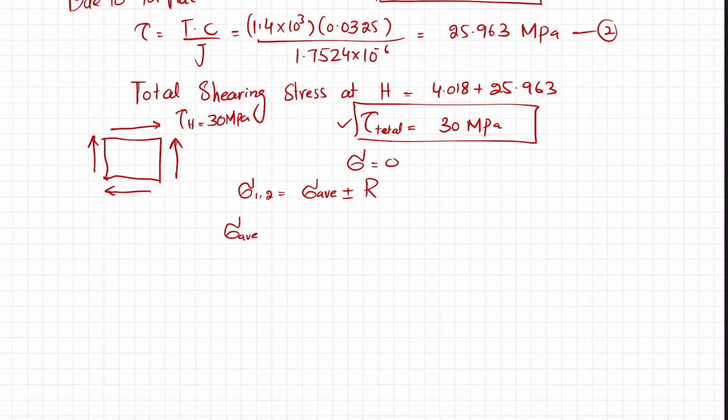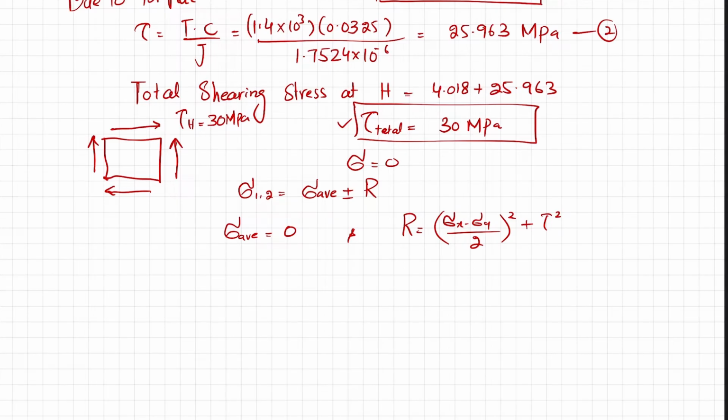There is no stress either in the x or y direction, so sigma average is equal to 0, and R is equal to the square root of sigma x minus sigma y divided by 2 whole square plus tau xy square.